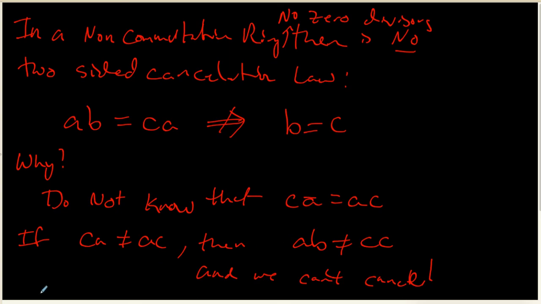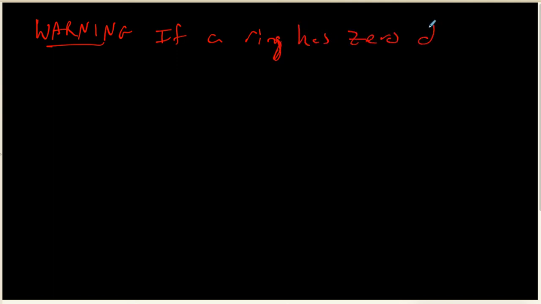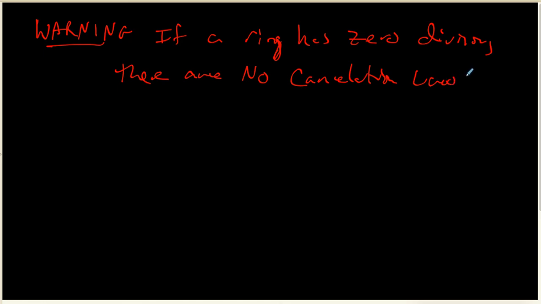Now, there is another warning that I want to tie up with, which is I want to reiterate that if a ring has zero divisors, there are no cancellation laws. As an example, if we're working in Z12, there are zero divisors.